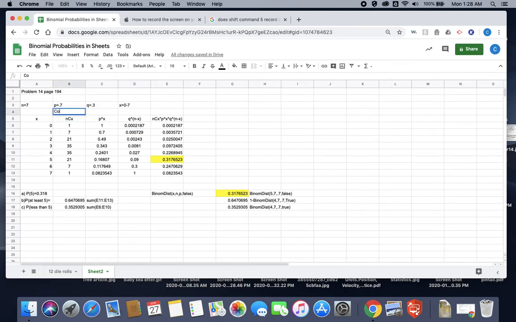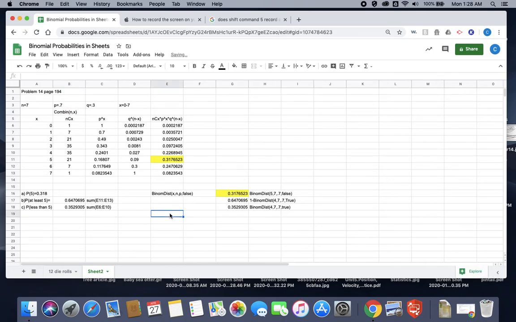This is to put in combination n, x. And once you've done this, you can answer any of the questions right from there just by finding individual cells for exact answers or using the sum function to find ranges of answers.